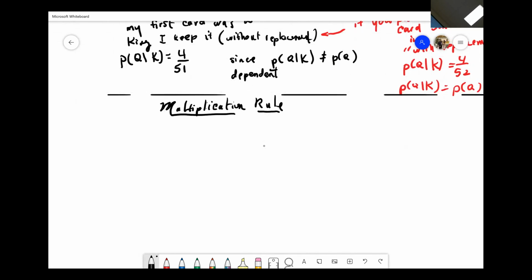Okay, so let's look at the multiplication rule. The multiplication rule goes something like this.